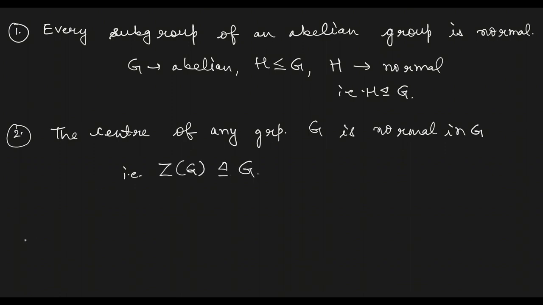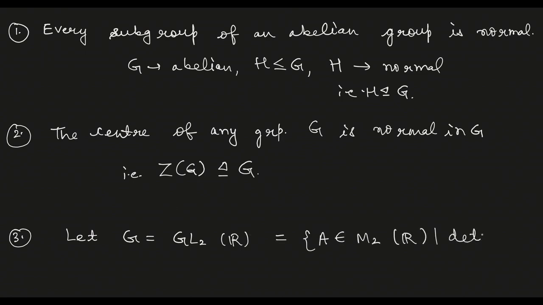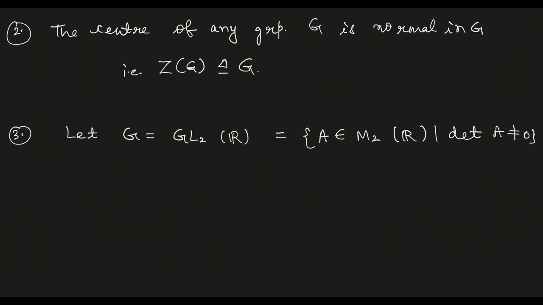Third, let G equal GL2(R), meaning the general linear group of 2 cross 2 matrices having real entries, A belongs to M2(R) such that determinant of A is non-zero, and let H equal SL2(R).